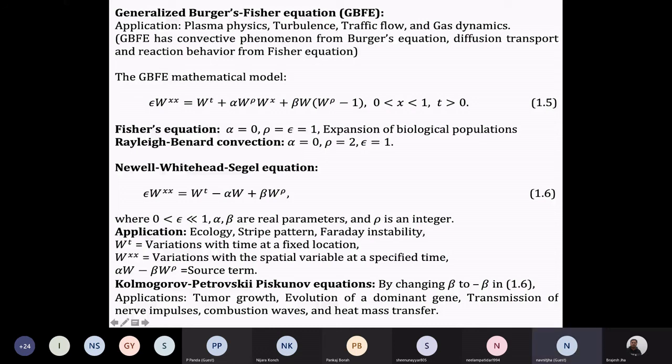The Nagumo-Whitehead-Segel equation also falls in the category. Kolmogorov equation is one such equation, just by replacing beta with minus beta in 1.6. So these are a wide class of physical applications.